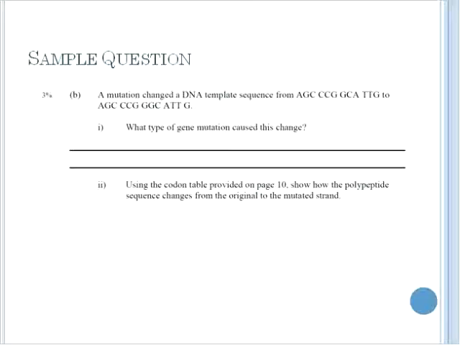You were asked to identify the type of gene mutation and to use the codon table to show how the polypeptide sequence changes from the original to the mutated strand. I would ask that you press pause now in your learning clip before concluding. Attempt this question before looking at the answer key.